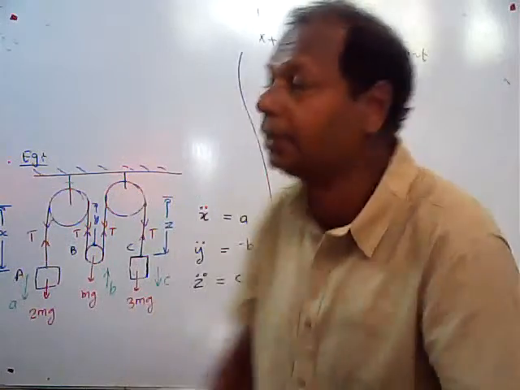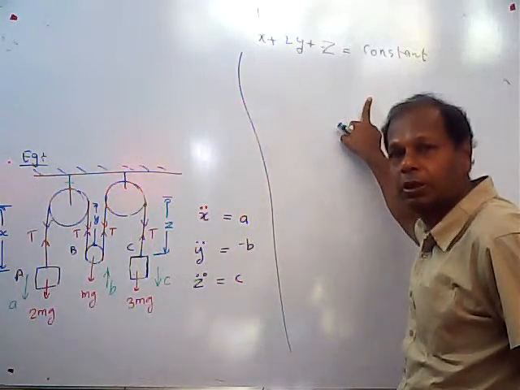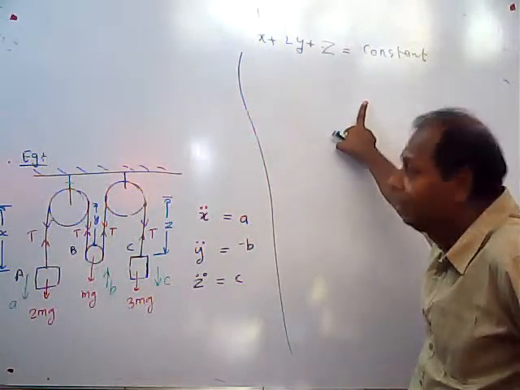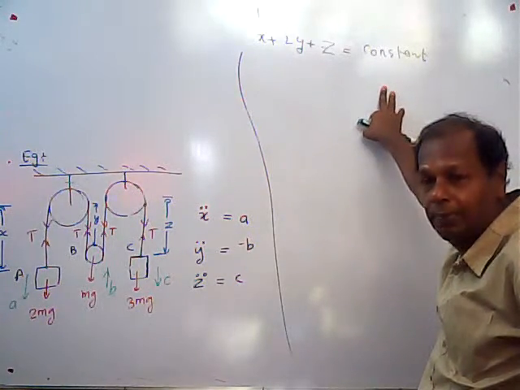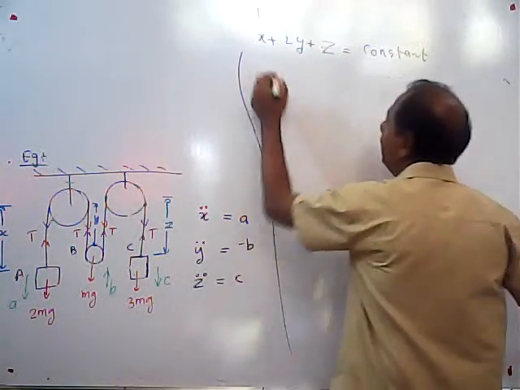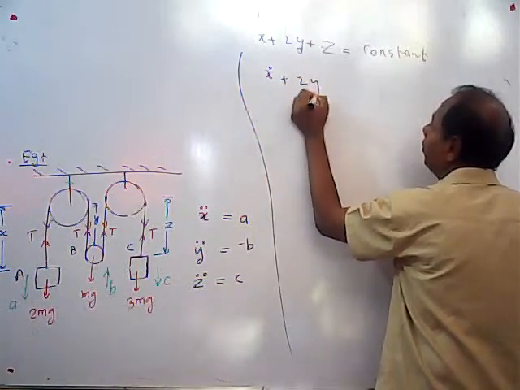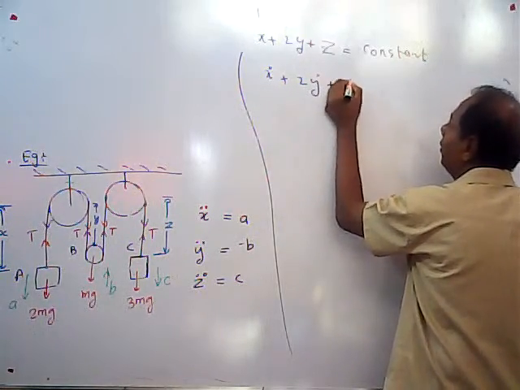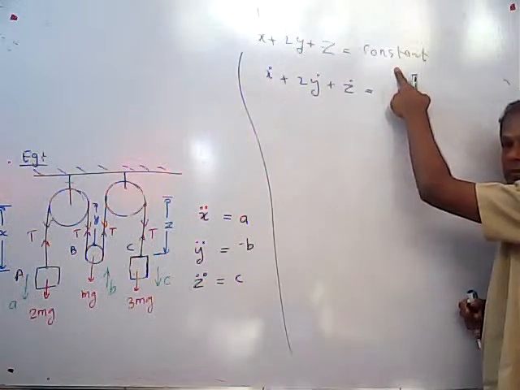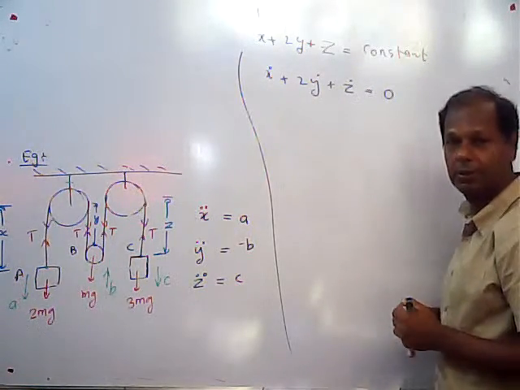Now I'm going to differentiate this with respect to t. Differentiating with respect to time t, I get x dot plus 2y dot plus z dot equals, this is constant, so differentiating that you get 0.